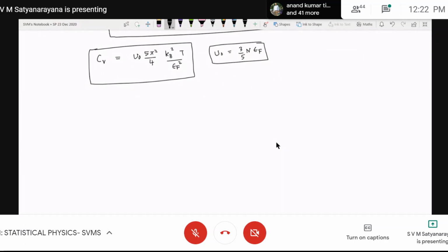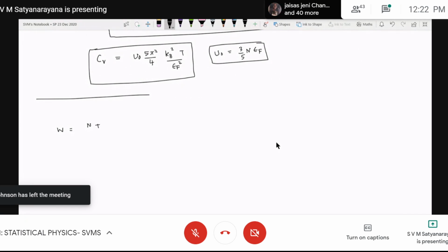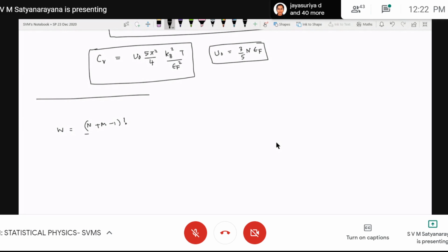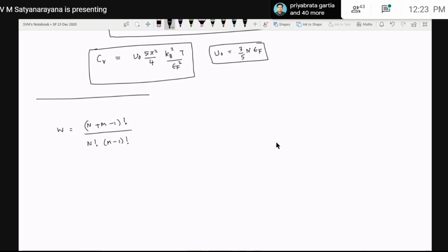So essentially, we have this W. This W is given as n plus m minus 1 factorial divided by n factorial into m minus 1 factorial, right? This is what we write as n plus m minus 1 C m minus 1.